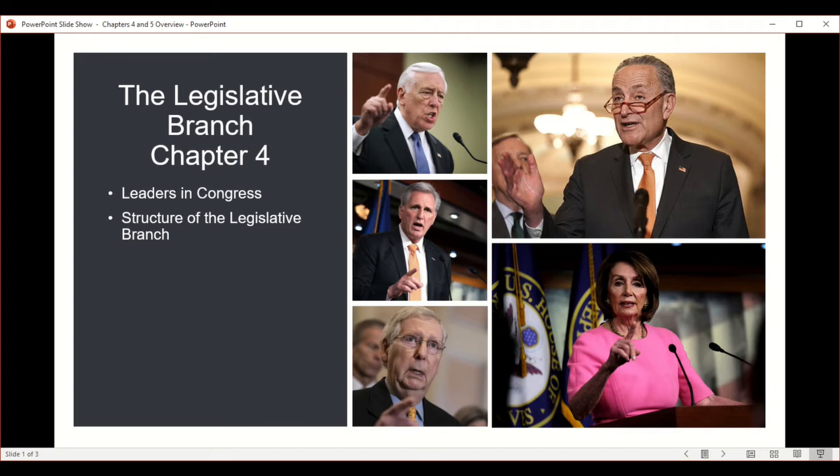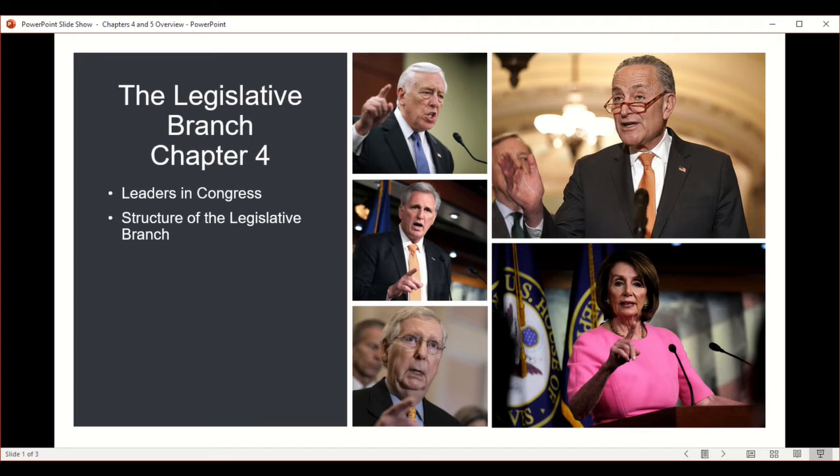Within this chapter, as you're reading, you will come across how the legislative branch is actually organized, what functions it has, its duties and obligations, oversight, and we will also go into how many seats, because you hear about this on the news a lot.